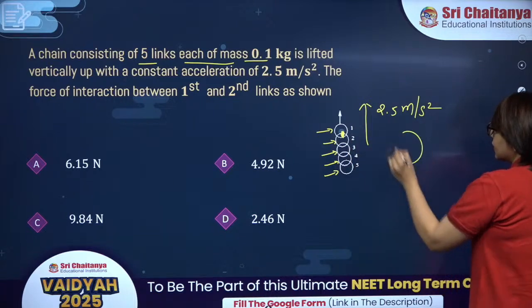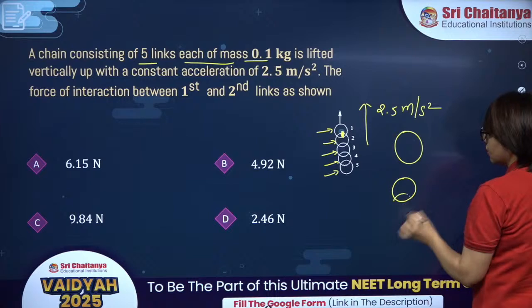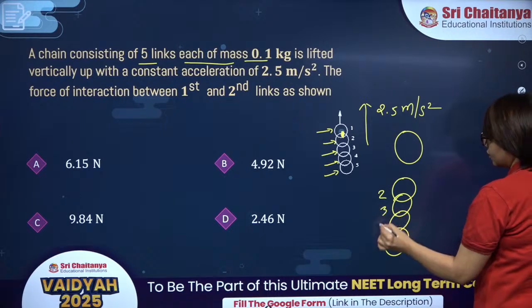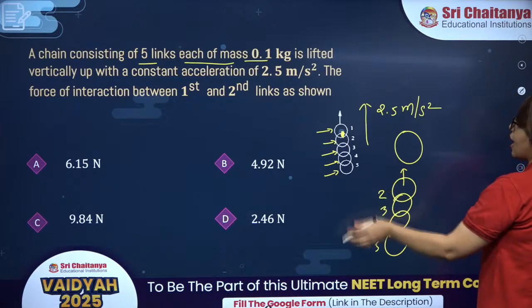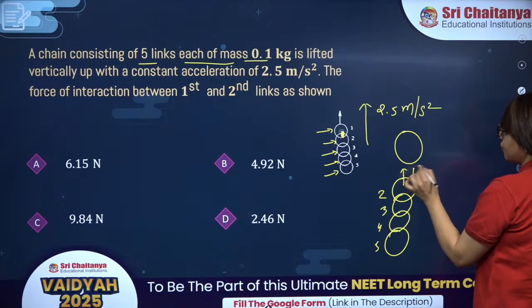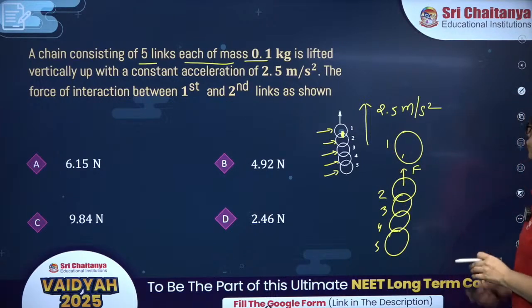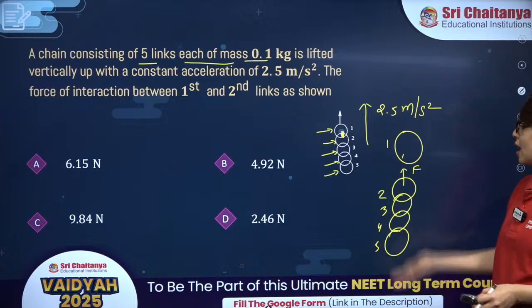So this is first link, and below this first link we have 4 links, second, third, fourth and fifth. This entire portion is lifted up because of the force of interaction between 1 and 2, right? Because of the force of interaction between 1 and 2, this entire portion is being lifted up.